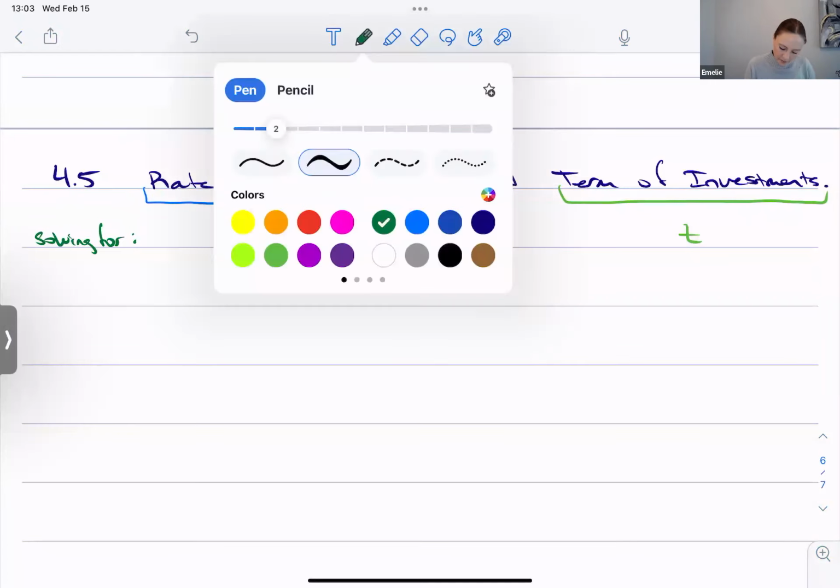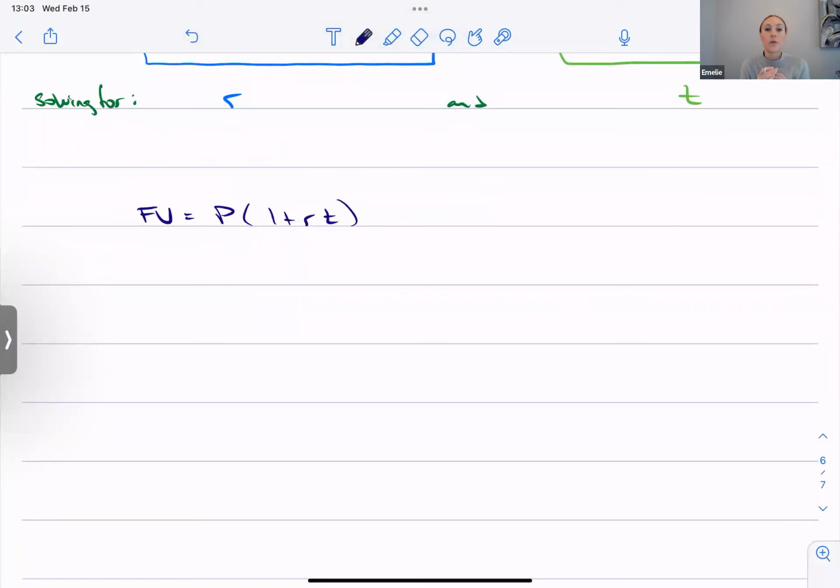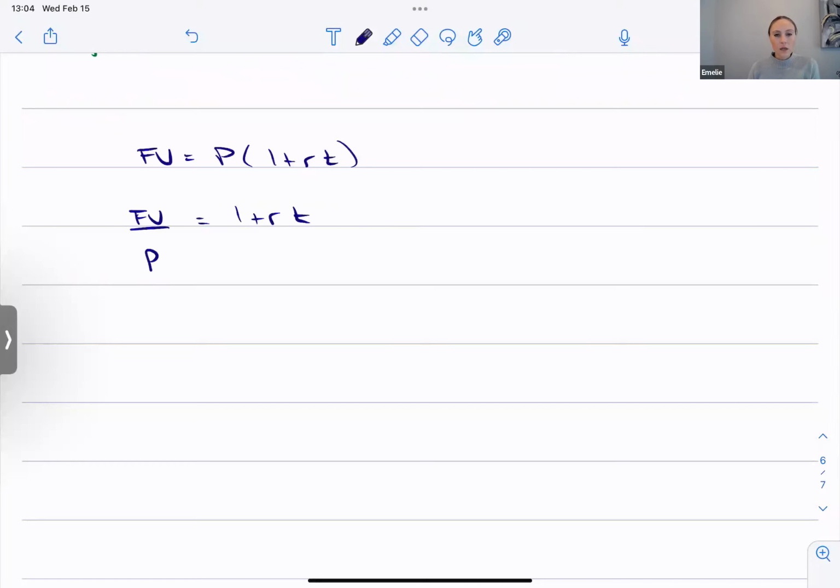Okay. So like we said, from the future value equals P times 1 plus R times T, if I want to solve for R, for example, and the same thing goes for T rather, I have to start with the future value divided by P is 1 plus R times T. To solve for R, I need to get R times T on its own, which means I have to subtract 1 from both sides.